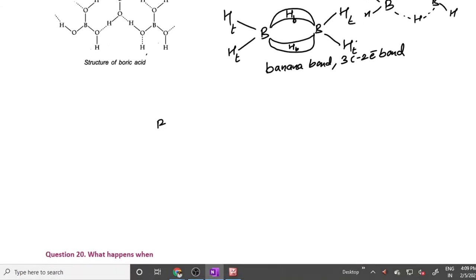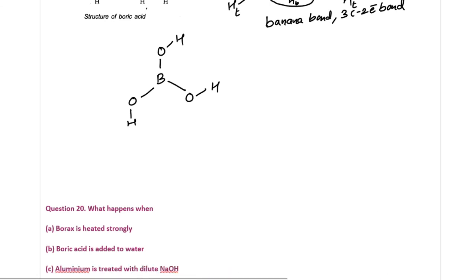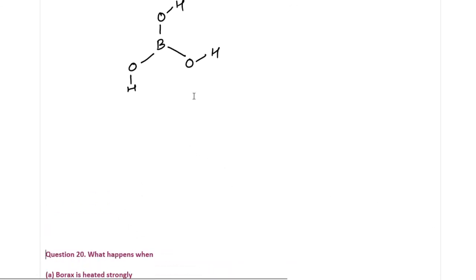See, B, with OH, OH, OH, and this will form hydrogen bonds like this, OH, OH, OH.